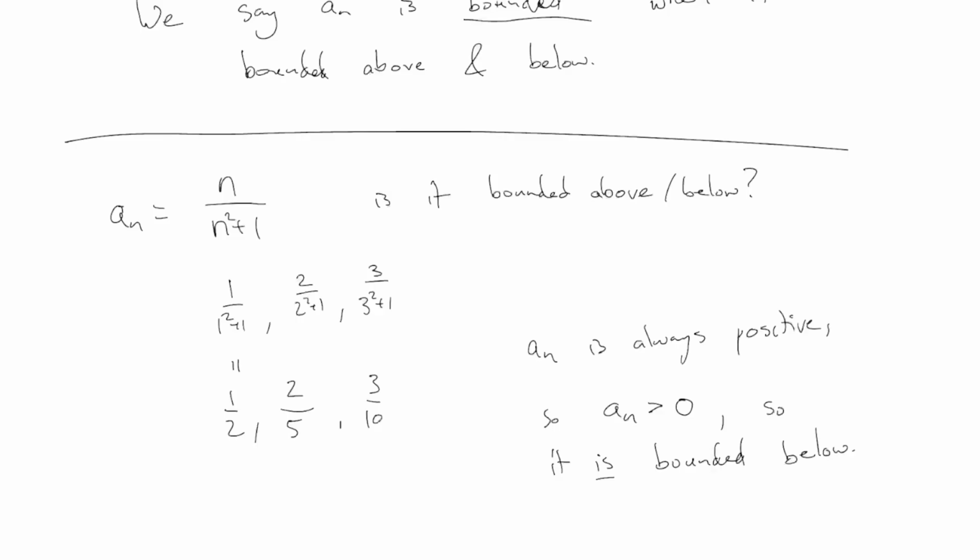Now for this one you have to look a little bit more carefully, but you could look at these numbers, for instance. Anybody think you can tell a number that's always going to be bigger than these? Yeah? 1, I think, is a good answer. To me, it looks like it's always going to be a fraction, right?